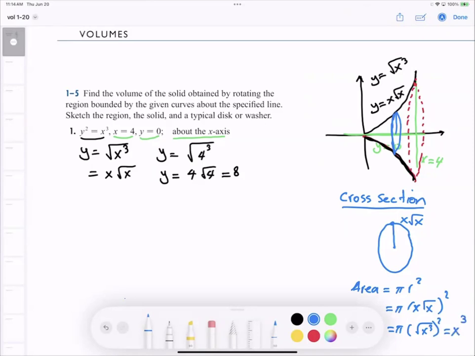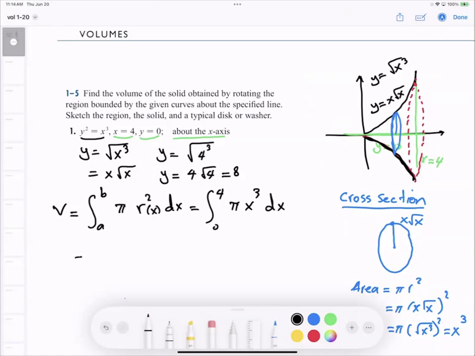Perfect. So I can write this volume as the definite integral from a to b of pi r squared, r of x dx, which is the definite integral from 0 to 4 of pi, and r squared is equal to x cubed, which we just saw, dx.